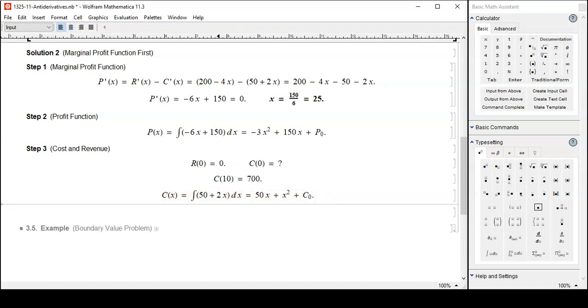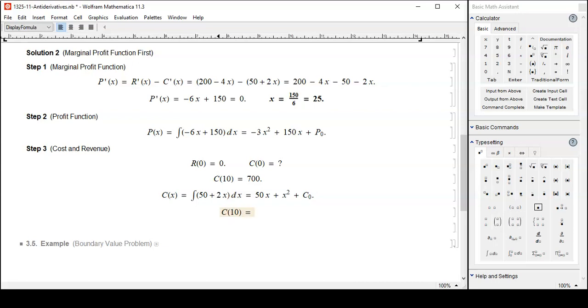And then that is 50 times 10 plus 10 squared plus c naught is 700. So from here, I can find out c naught. 700 minus 100 minus 500. So C0 is 100.